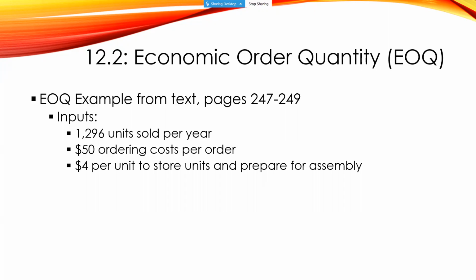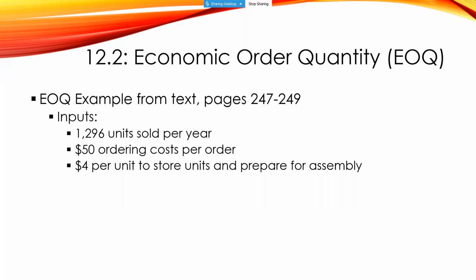Plus the penalty, so to speak, of having units in inventory is that it's about $4 to store them and to prepare those for assembly. So you don't want too many units, or it's going to cost you more.